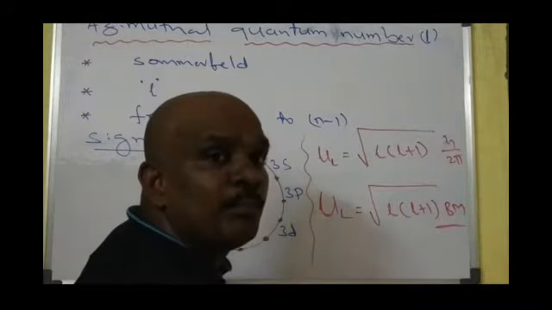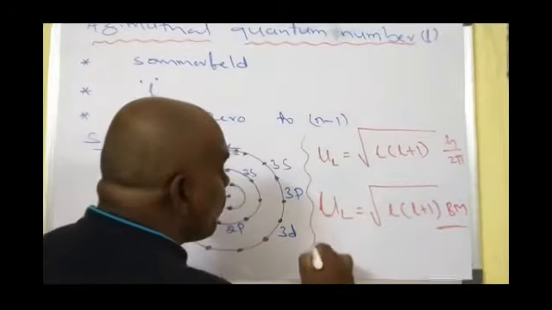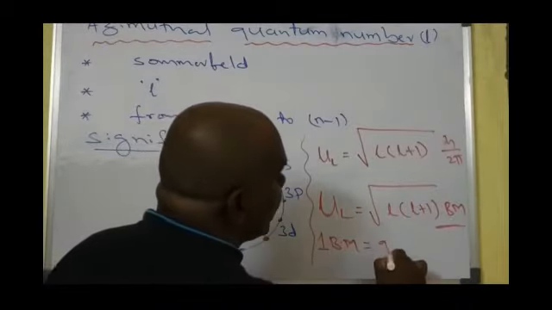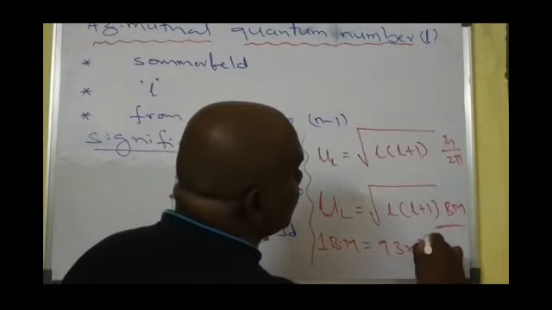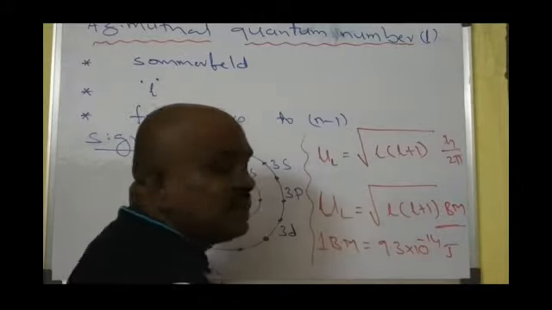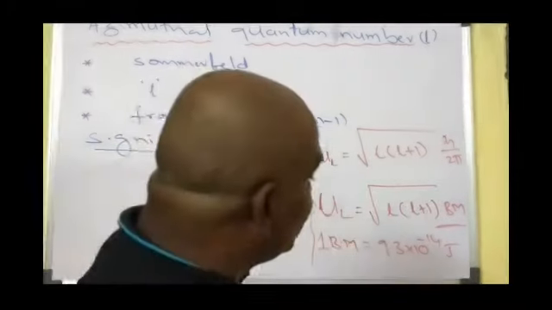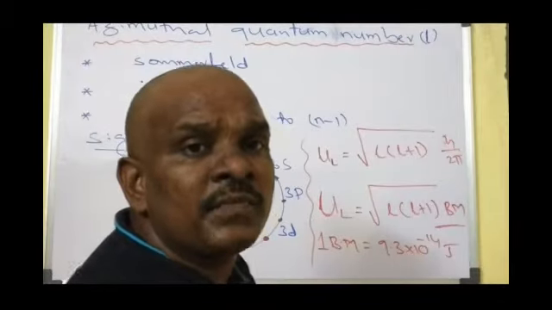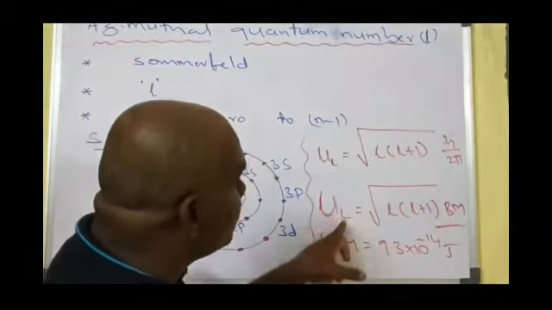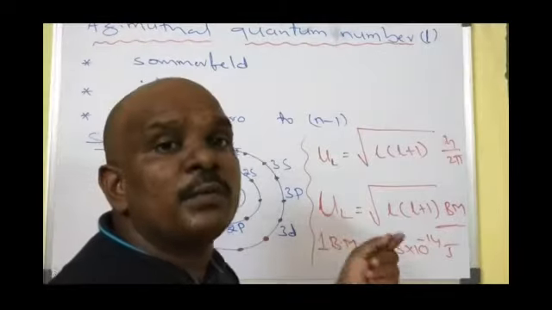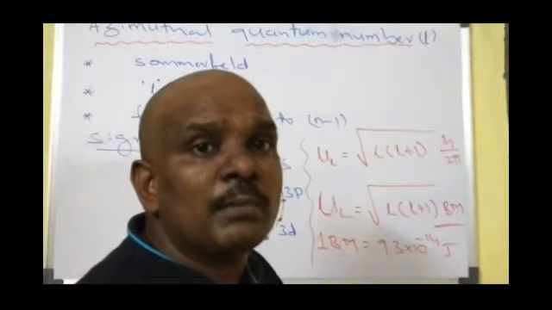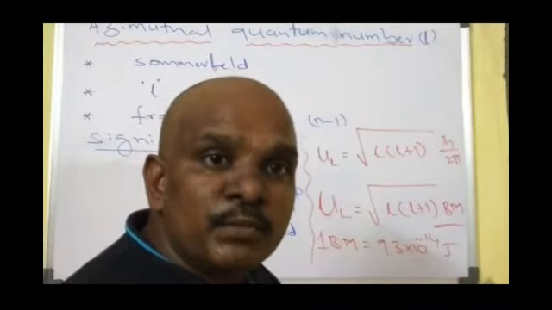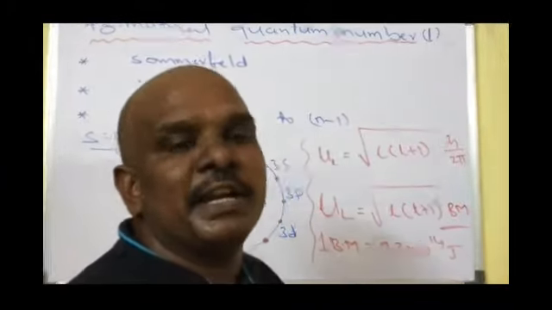Bm means Bohr magnetons. One Bohr magneton value is 9.3 into 10 power minus 14 joules. These two formulas are used to calculate the magnetic momentum and angular momentum.